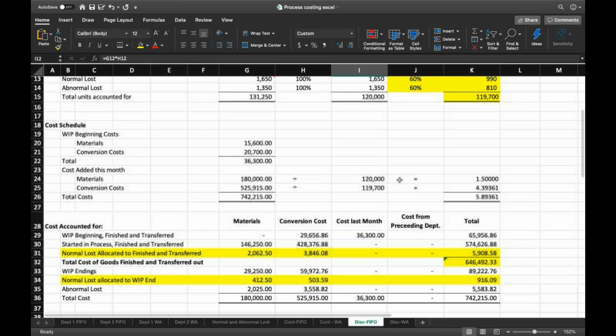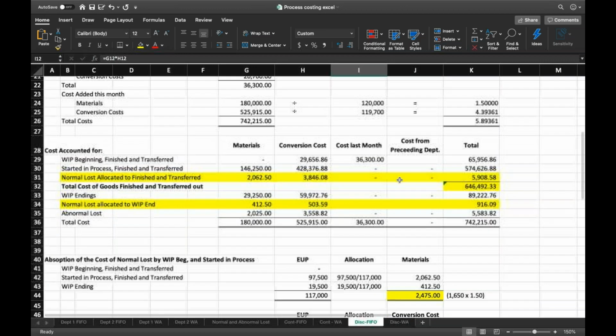Okay? Kaya, ang mag-absorb ng normal loss, cost of materials ng normal loss ay started in process at saka work in process ending. Yung work in process beginning natin, again, walang share kasi hindi naman siya gumamit ng materials.